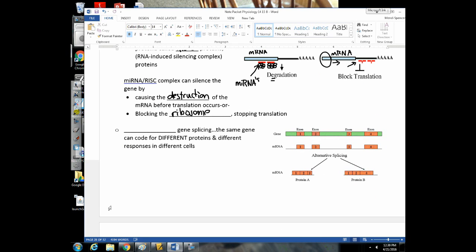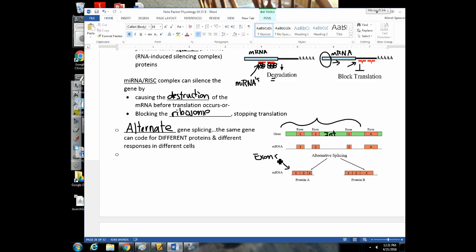Also, remember that alternate gene splicing can affect which proteins are going to be made in a cell. So it's affecting gene expression. Here we have a gene. Remember the introns are cut out, and the exons are spliced together. So here are our exons. The exons are spliced together, and we have that processed mRNA that can leave the nucleus.